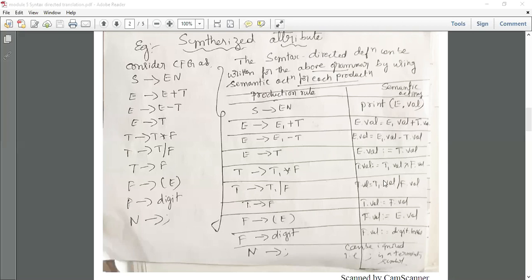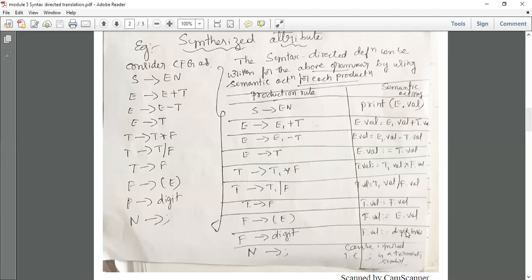So this is the first type of syntax directed definition, by adding the values of attributes to the particular non-terminal symbol. Wherever digit is directly written, there we need to generate a lexical value. See the last one: F dot val equals digit dot lex val.